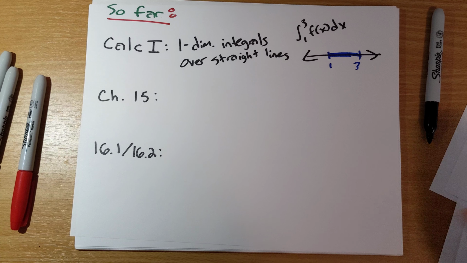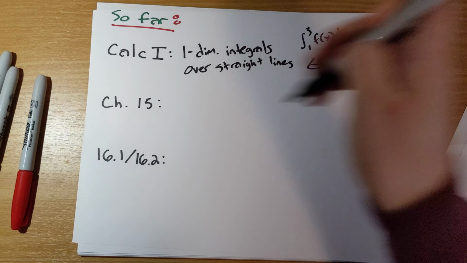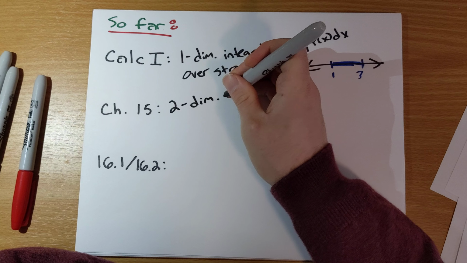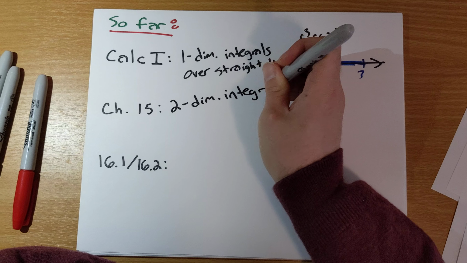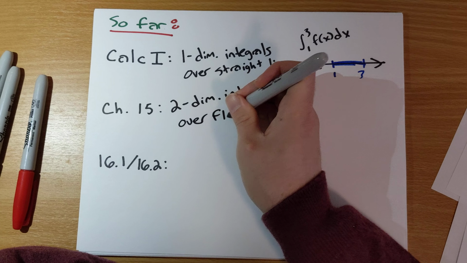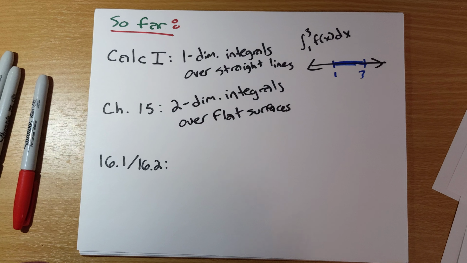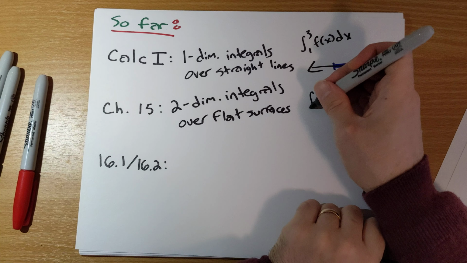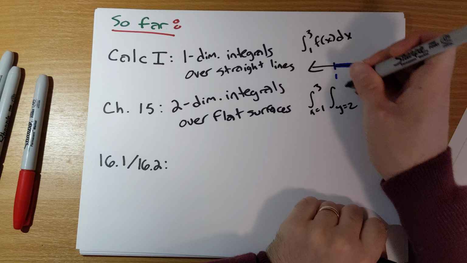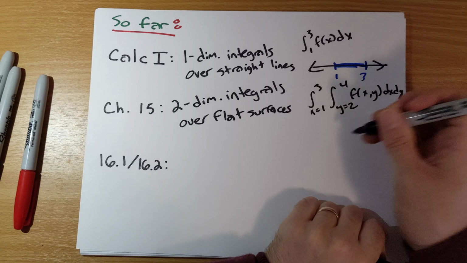In chapter 15 of this book, we kicked it up to two-dimensional integrals over flat surfaces. So the idea here is you could have an integral where x runs from 1 to 3, y runs from 2 to 4 of f of x, y, dx, dy.